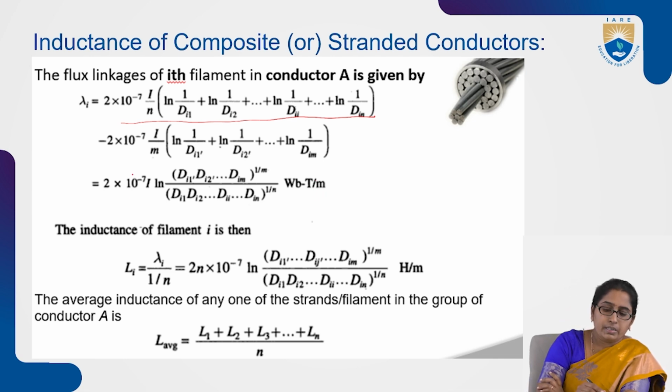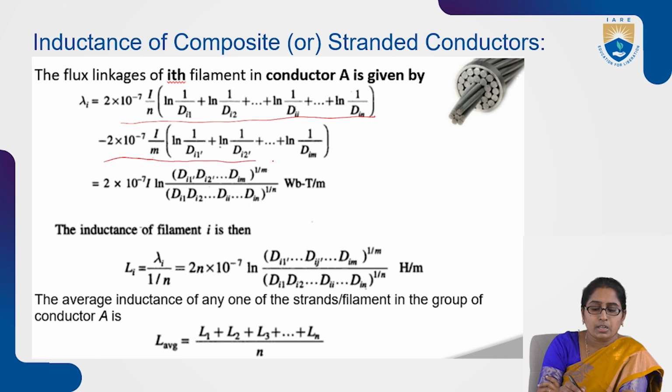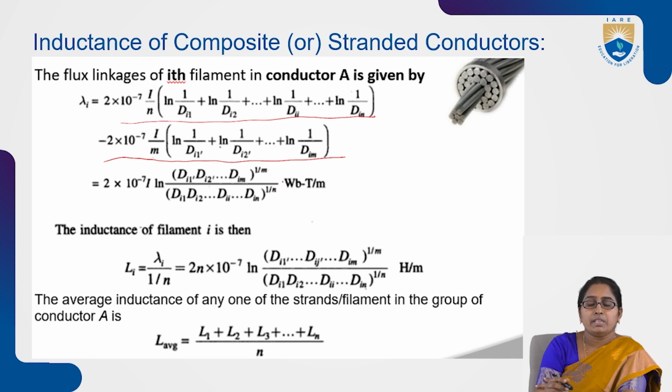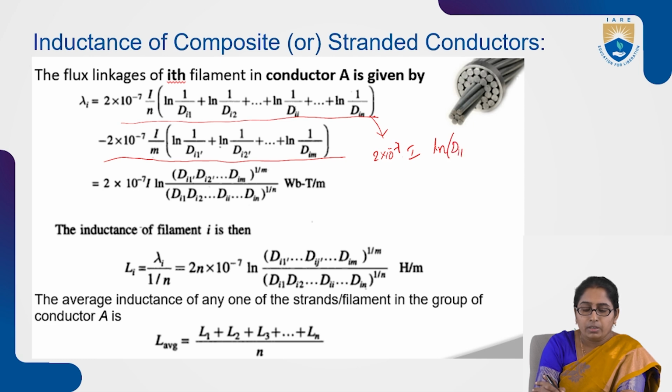Now finally we rearrange this total, because we know that log a minus log b is what? Log a by b. So finally the expression in the next step is 2 into 10 to the power minus 7, I is common. This part is 2 into 10 power minus 7 I. I can write log of d I1, all are sum, right?